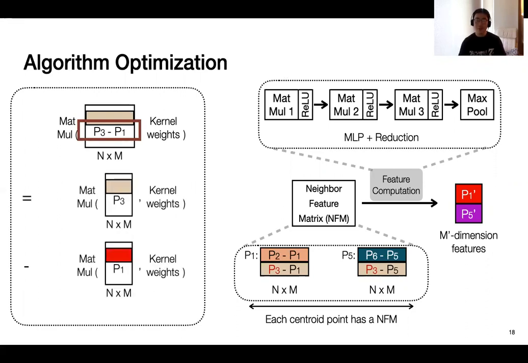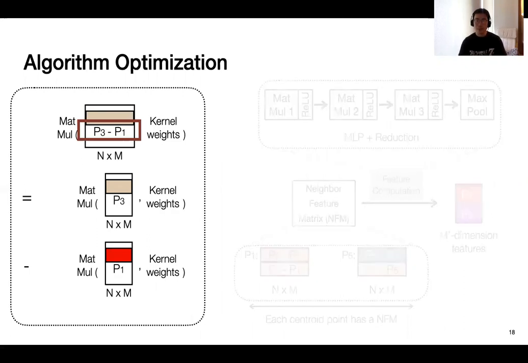So mathematically, we can decompose the computation into two individual steps. That is to say, we can do feature computation for P3 and P1 individually, and then we can do the normalization later.